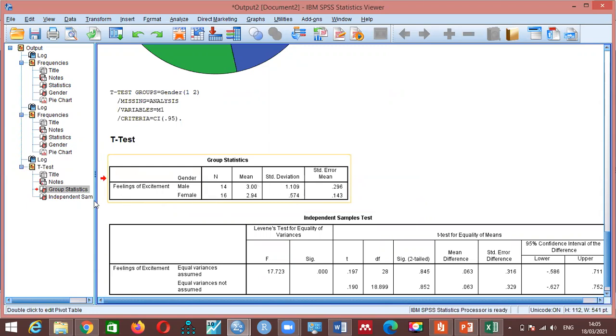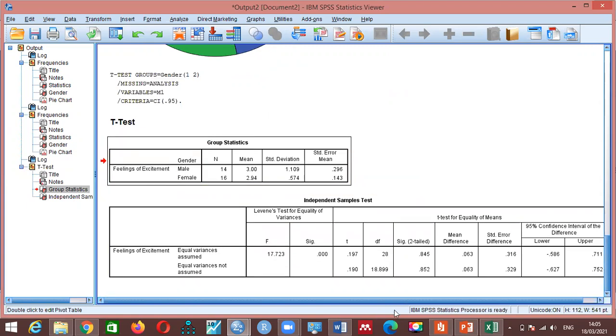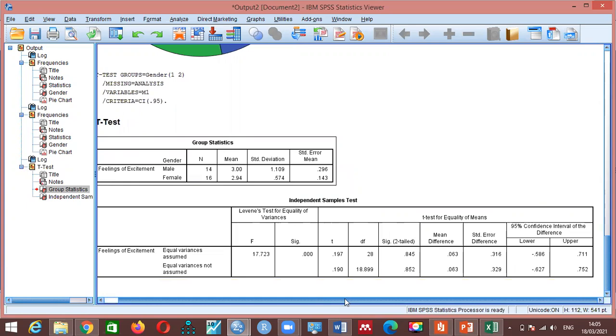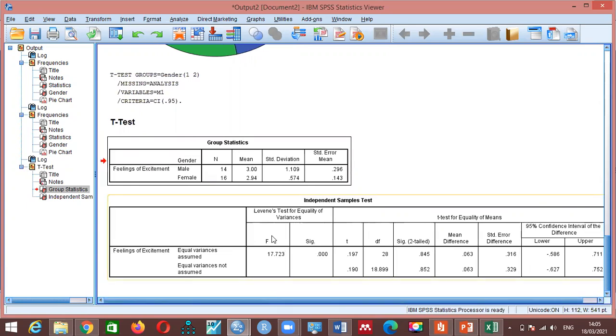And these are the descriptives for the respondents. But we are concerned about the result. So the independent sample t-test gives you Levene's test of equality of variances. So we are interested in knowing whether there's a significant difference, right? This test tells you, is there a significant difference?